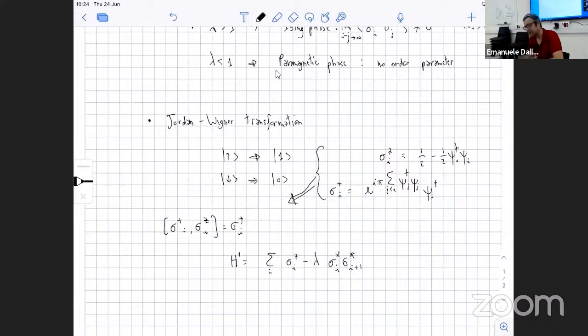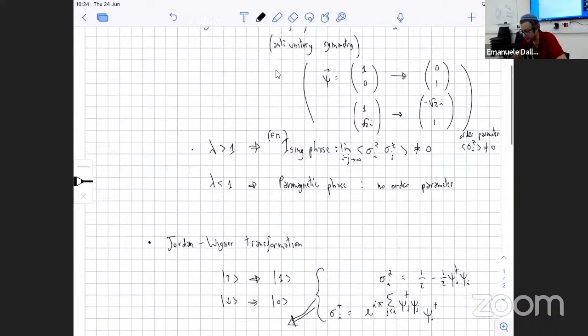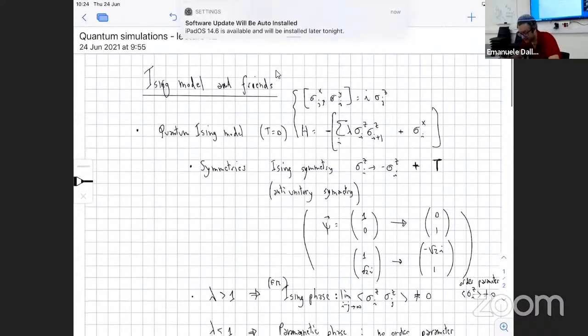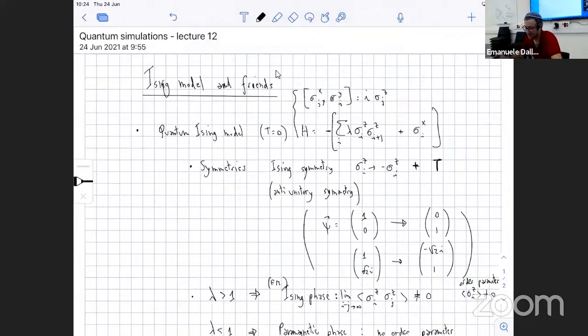Here in the first part, these are definitions that are common in the spin community, where you think of the Ising coupling in the ZZ direction and the magnetic field in the X direction.